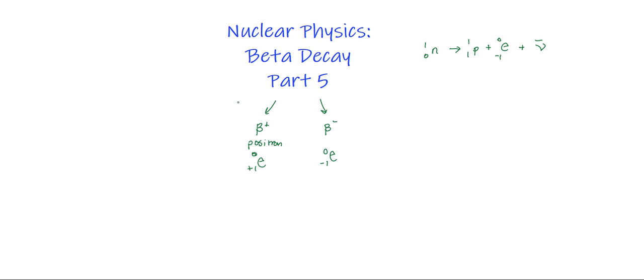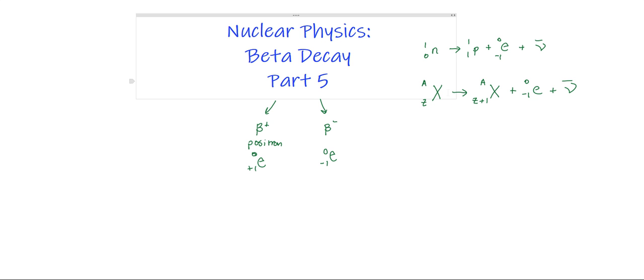So if we wanted to write an actual nuclear reaction now, we could say that if I have element X with mass number A, atomic number Z, it can undergo beta decay, in this case negative beta decay, because the beta particle is 0 here. It's going to maintain its same atomic mass, but its atomic number will add +1 because I have this extra proton here. And then I'm going to show that I have the beta particle and the antineutrino.